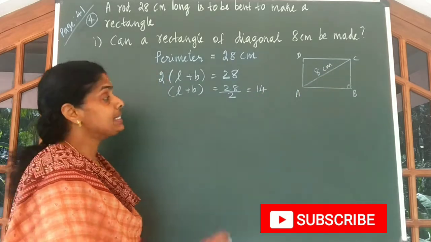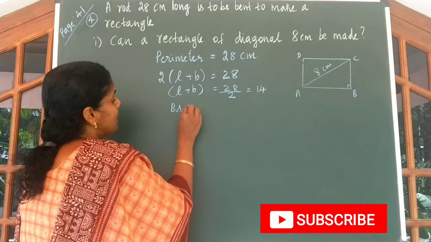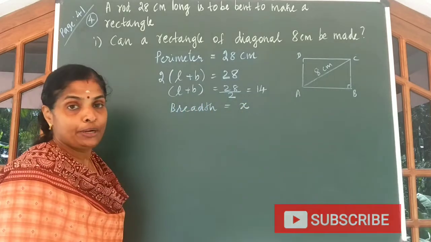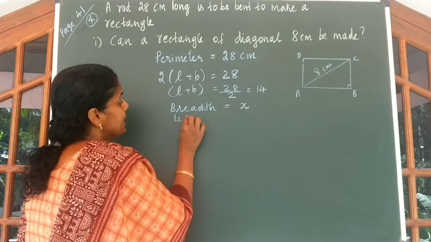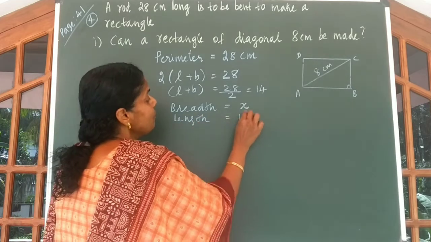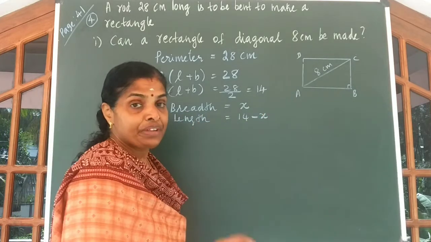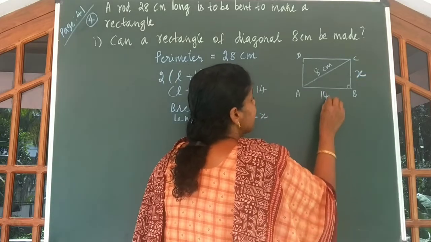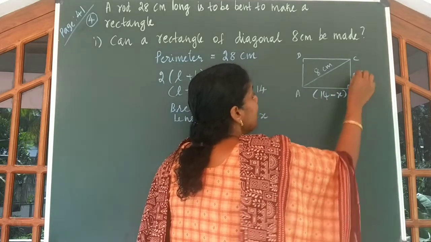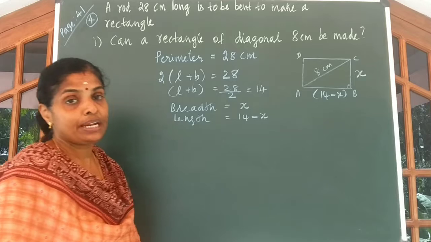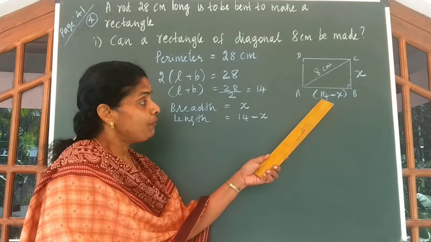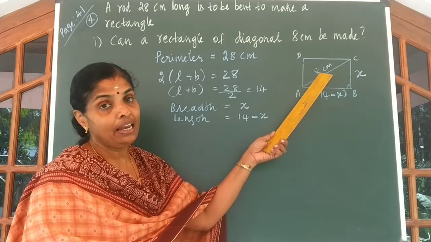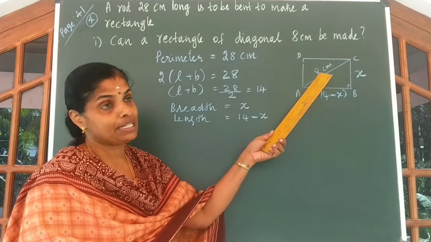So let us consider breadth to be equal to x. If you take breadth to be equal to x, then you get length to be equal to 14 minus x. Let us write the measures in this right angled triangle. Now let us use Pythagoras theorem to find whether we can draw a diagonal of length 8 cm.